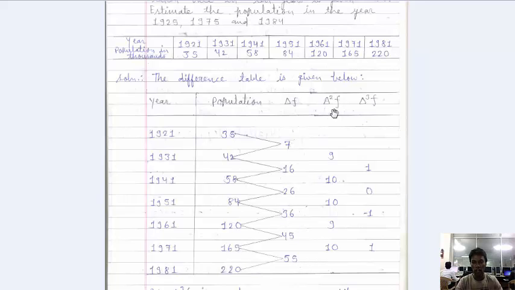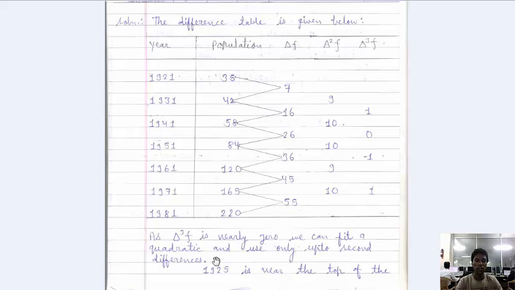Now for del square f: 7, 16 minus 7, 9; 26 minus 16, 10; 36 minus 26, 10; 45 minus 36, 9; and 55 minus 45, 10. Now for del cube f: 10 minus 9, 1; 9 minus 10, minus 1; 10 minus 10, 0; 10 minus 9, 1.